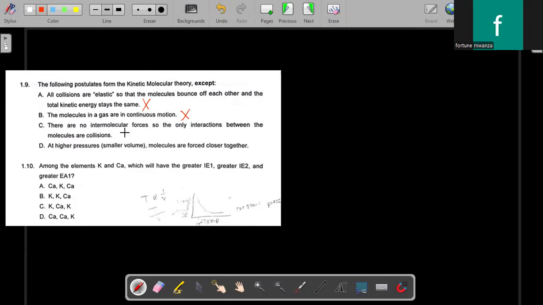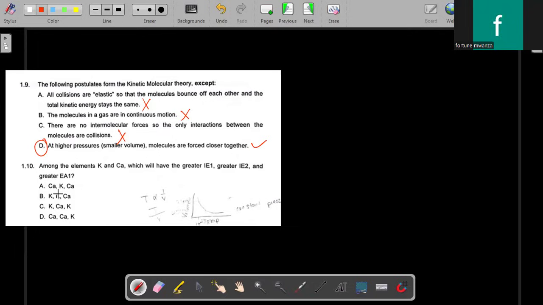Also part of the kinetic molecular theory. The last one says at high pressure, molecules are forced closer together. This one is not the kinetic molecular theory, so that's the answer. That one is talking about real gas behavior. So the answer is D.